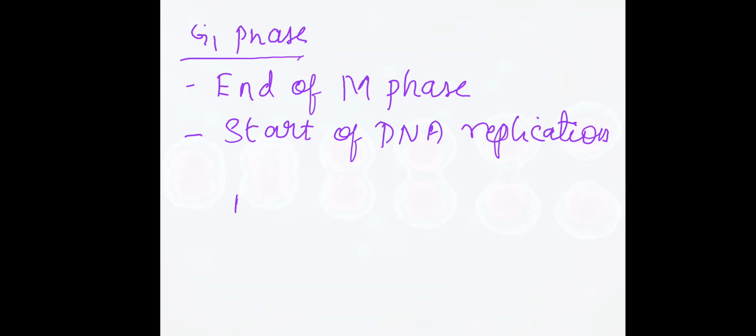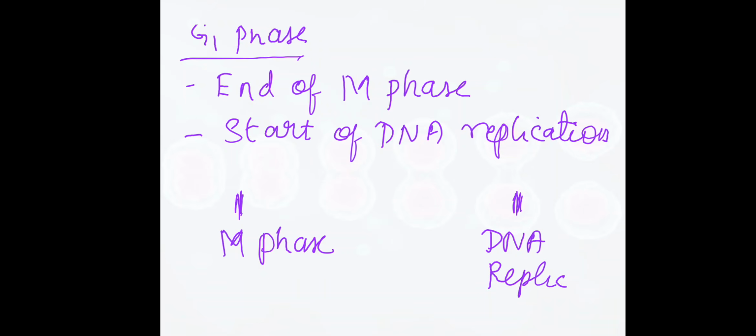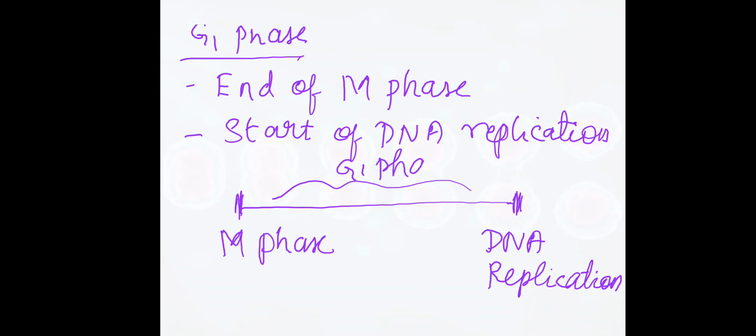So if this is the M phase and this is the DNA replication or synthesis of DNA phase, the period between these is known as G1 phase.